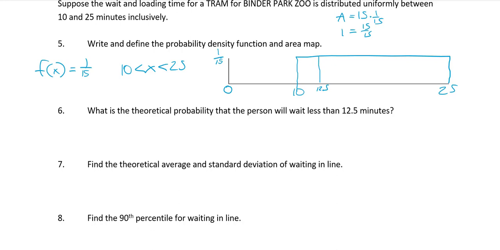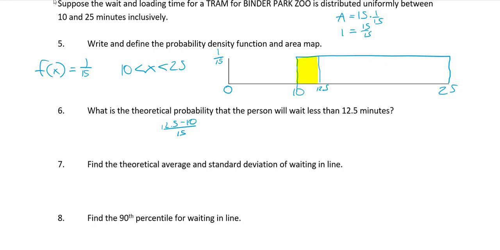If someone's getting on the road to that other exhibit in Binder Park Zoo in 12.5 minutes, this is a very small part of our entire rectangle, so it doesn't look like this is very likely. So we're going to take our 12.5 and subtract our 10, and we're going to divide that by 15, which is the height of our rectangle right here.